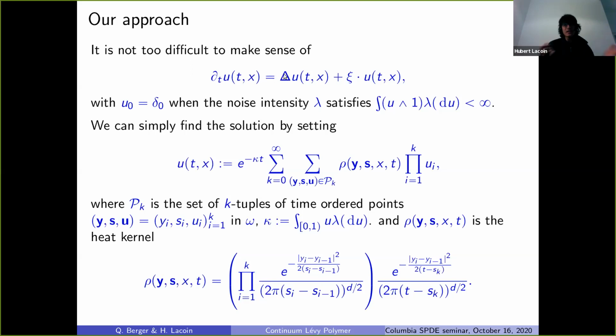And if you iterate this, basically, you get a solution of the following form. The formula is quite ugly, but it's not very complicated. Basically, you will sum over all possible collections of points in your process, whose time coordinates are between 0 and t.